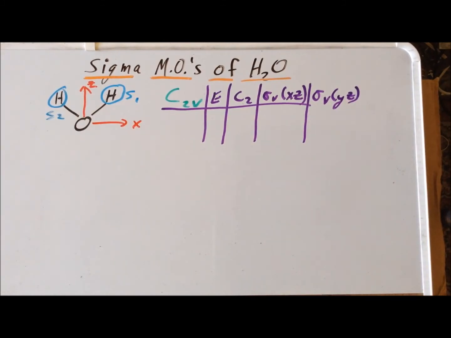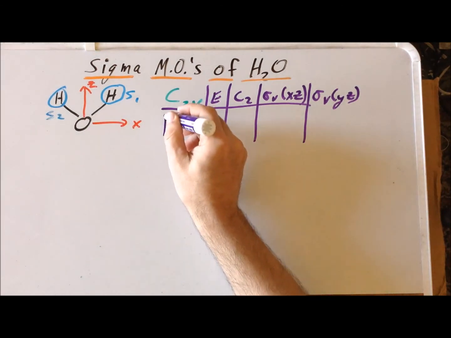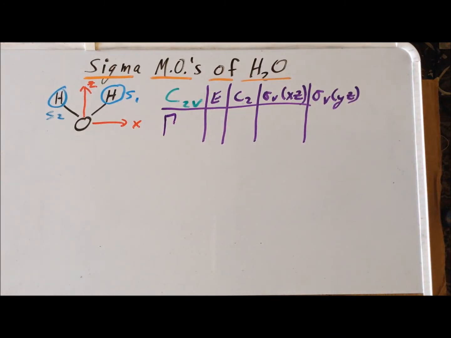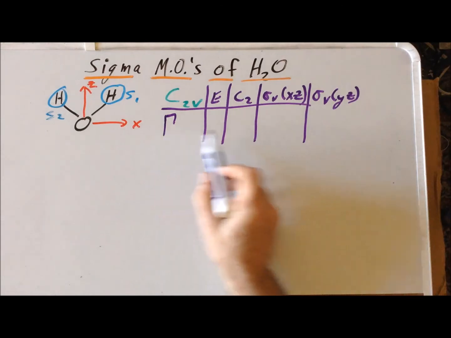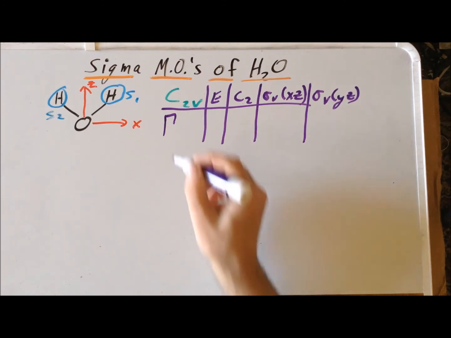Our plan here is to form a reducible representation for the group orbitals that we find on the hydrogens. So just as in the vibrational case, when the first line of our chart was gamma atoms that don't move, here we have orbitals that don't move.